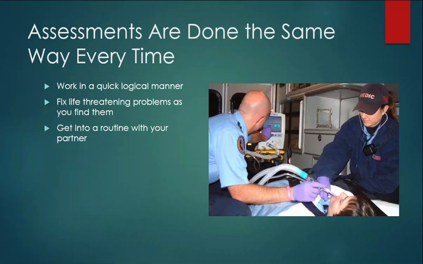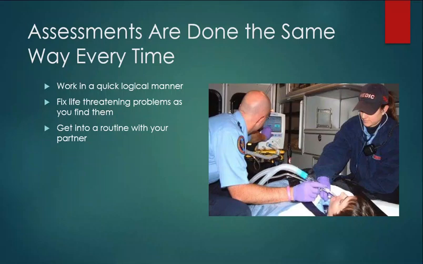So once you're in this, one of the nice things is if you get to work with a partner and you work with that person on a consistent basis, it almost becomes like telepathy or ESP. Okay, one person is automatically anticipating what the other person is going to need. And you both don't have to be paramedics for this to happen.